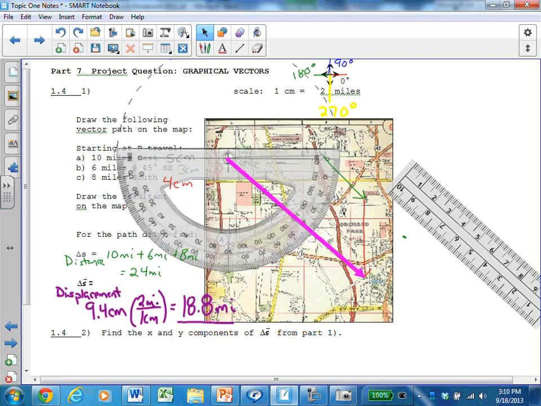Now this would be 270. This would be 360. This would be 350, 340, 330, 320. See that? One time around the circle is 360, right? So this is 270 down, right? 280, 290, 320. So this is 18.8 miles.